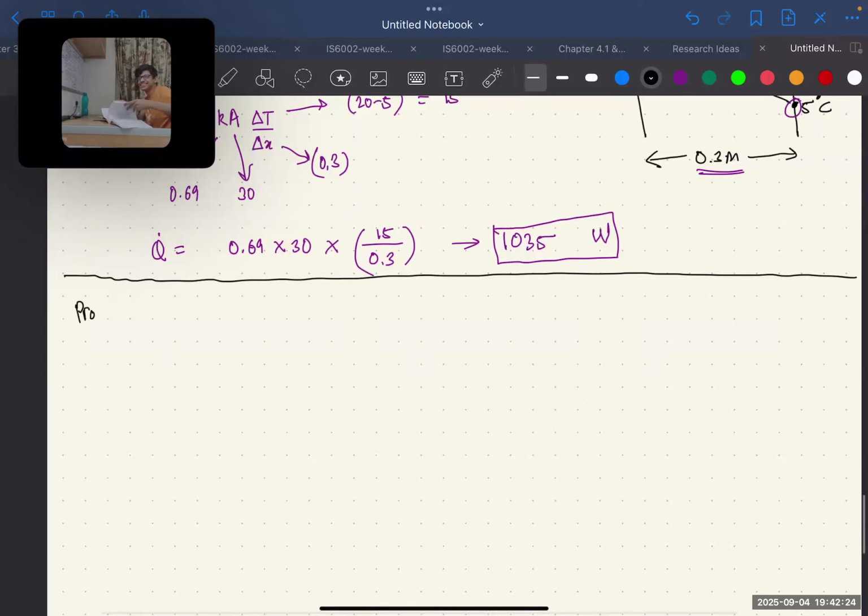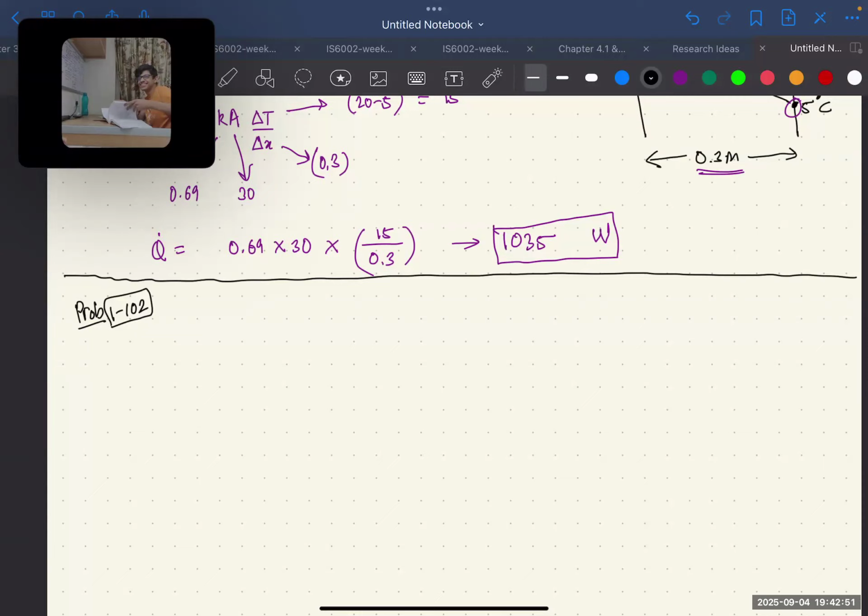Problem 1-102. It says that a 1.4 meter long, 0.2 centimeter diameter electrical wire extends across a room that is maintained at a temperature of 20 degrees Celsius.